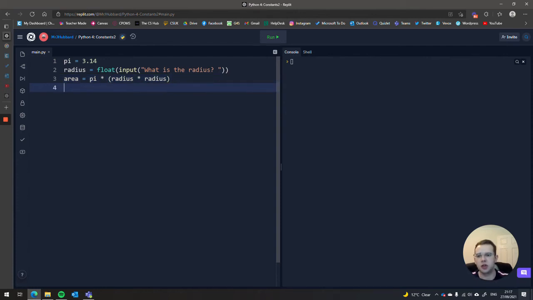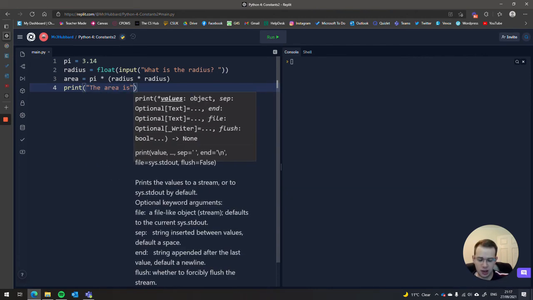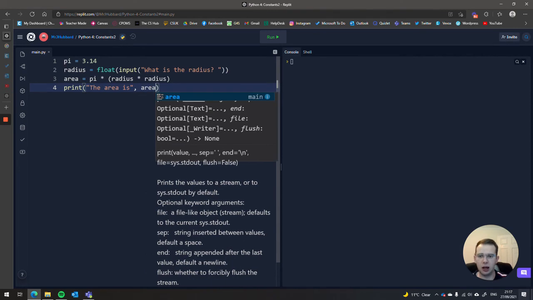Okay, so what we're doing here at the moment is pi is set to 3.14, and then we're asking the user what the radius is going to be, and then we're calculating the area as pi, which is 3.14, times the radius that they type in squared. Okay, and then finally I'm going to print the area is and area.